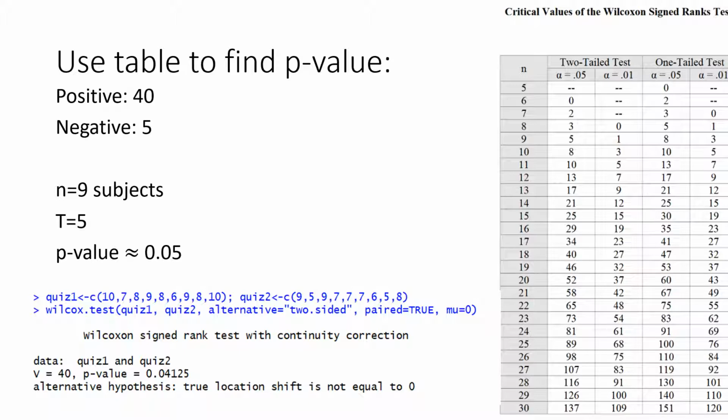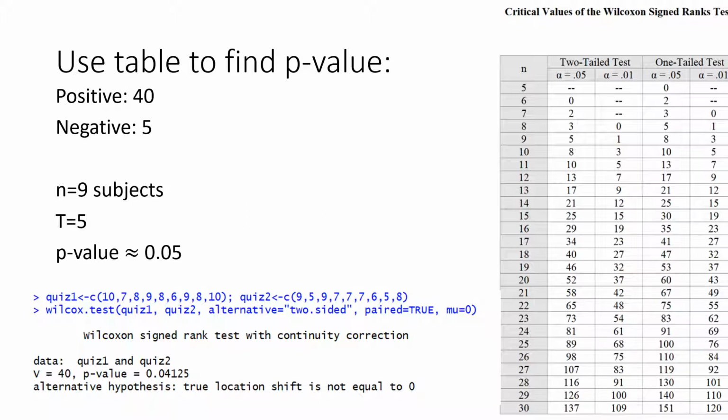If I were to do this in R, I'd have my 2 variables as the quiz scores. So quiz 1, I assign those quiz values. Quiz 2, I assign the others. And then I can use the wilcox.test again. Here I put in the 2 variable names, one holding quiz 1, one is quiz 2.